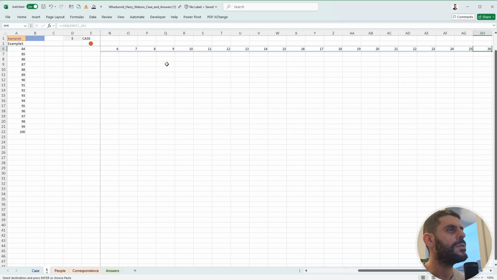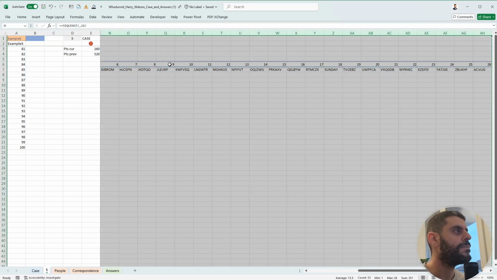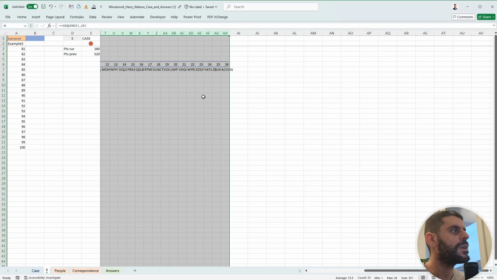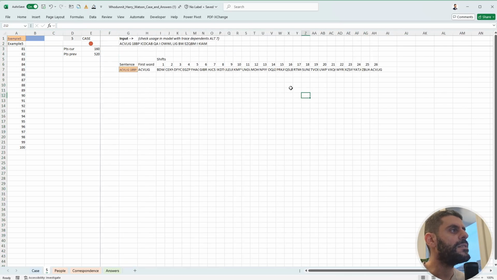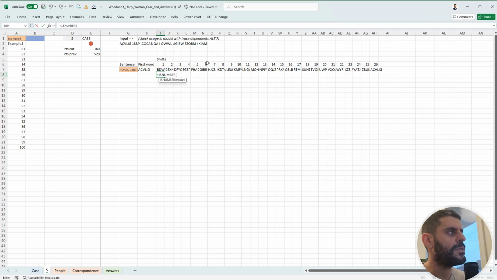Okay, it didn't work with the array formula setup. Let me shrink a bit. And the idea is to spot that, for example, here we have Sunday, which makes sense. So what I'm going to do is to say, I want ISNUMBER.